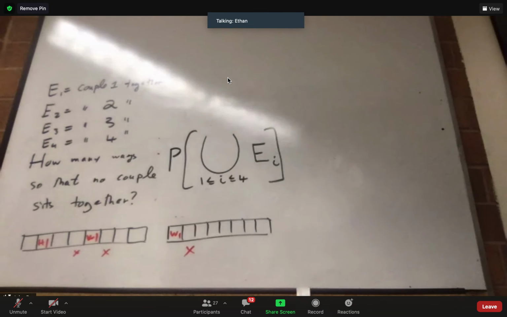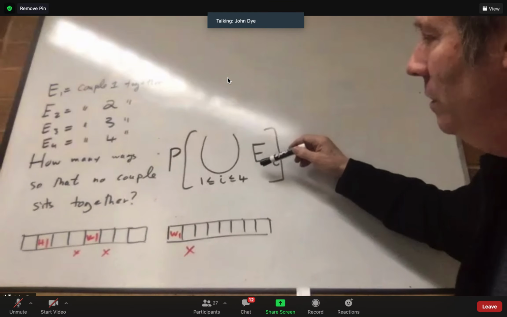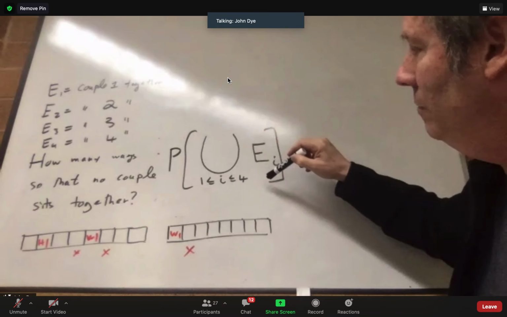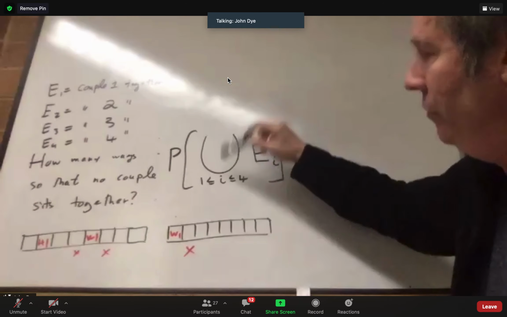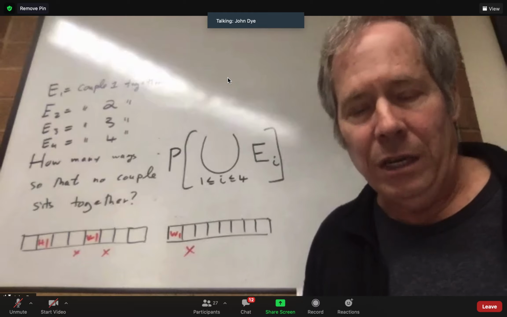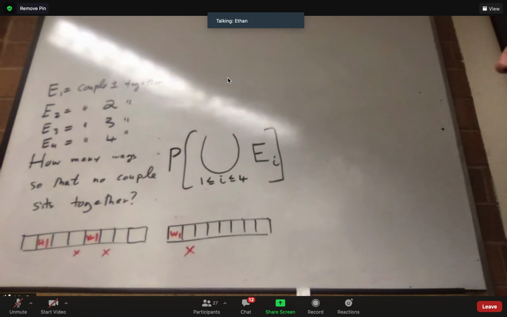But since we're unioning them together, then they're actually sets, right? Sets of all the possible arrangements. So at least one of these has to happen: if you're in this set, at least one couple is sitting next to each other. I understand that conceptual part of it.